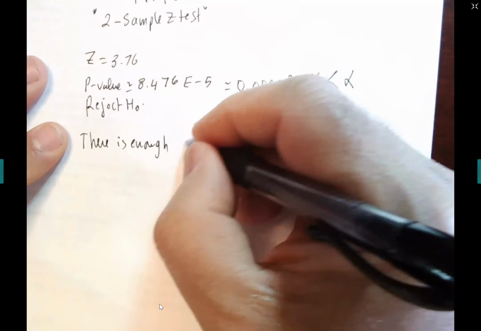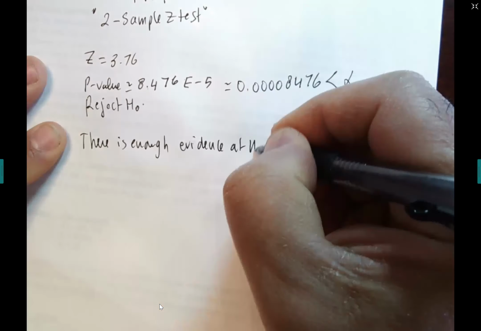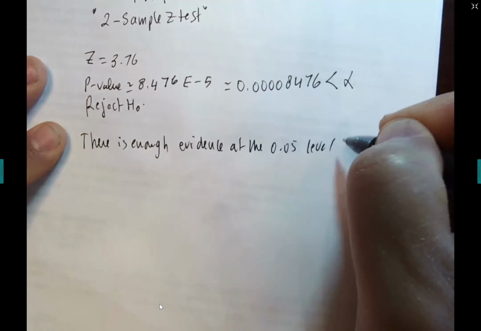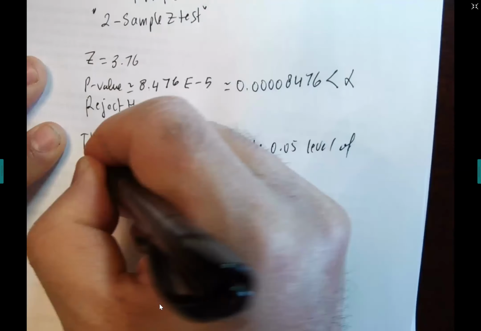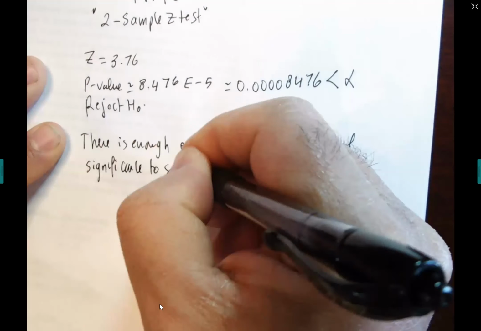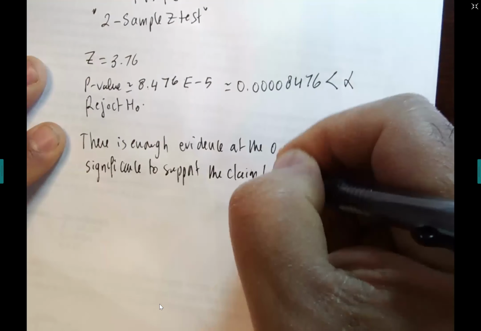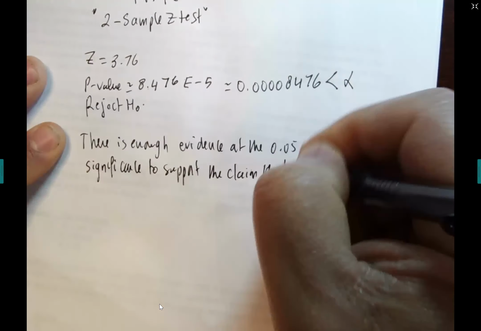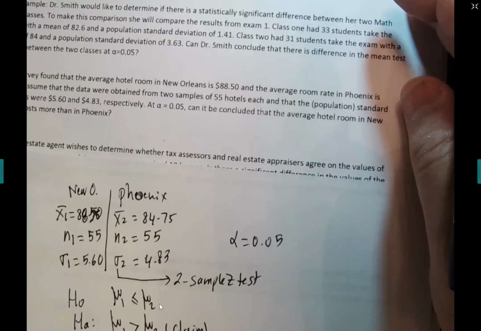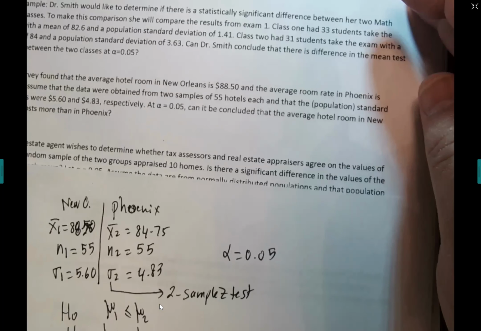There is enough evidence at the 0.05 level of significance to support the claim that, and you just copy it and paste it from that question. What is the claim? Can it be concluded the average hotel room in New Orleans costs more?